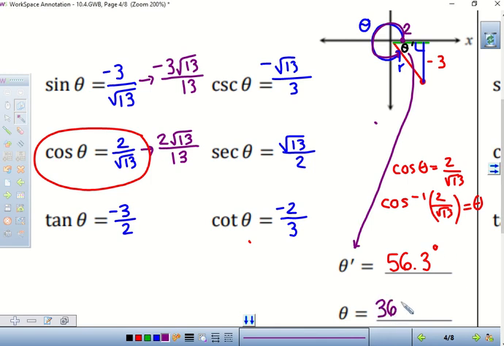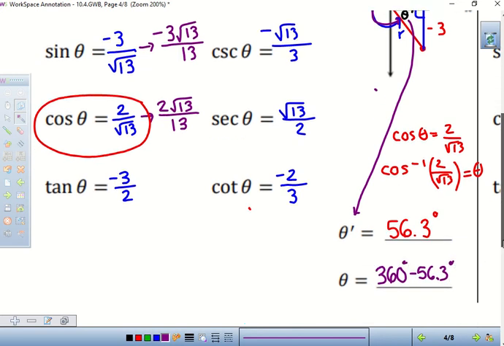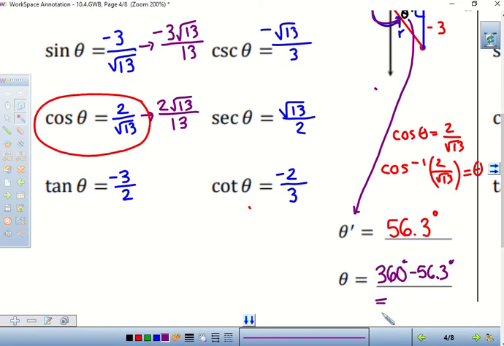Good. 360 minus the 56.3 piece, which will come out to be 303.7 degrees.